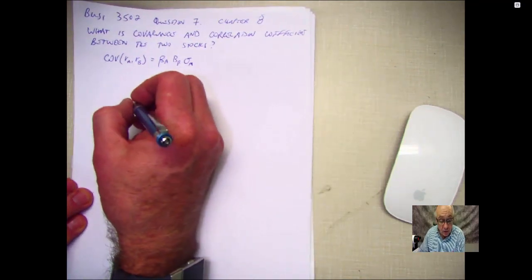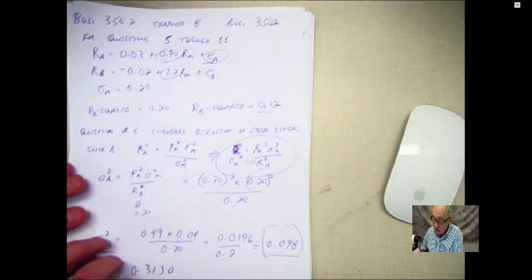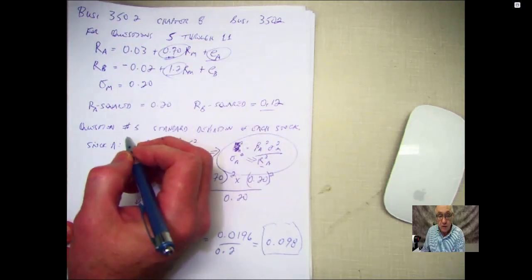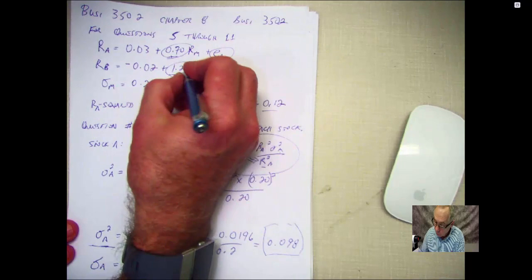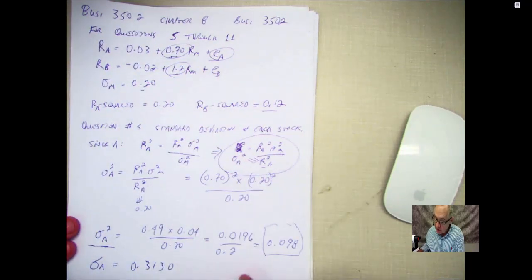And substituting our information given to us in the preamble to all these questions, beta for stock A is 0.7, beta for stock B is 1.2, and standard deviation for the market is 0.2.